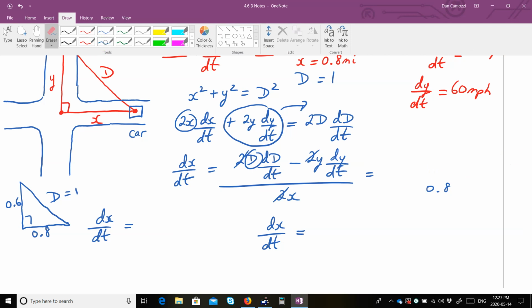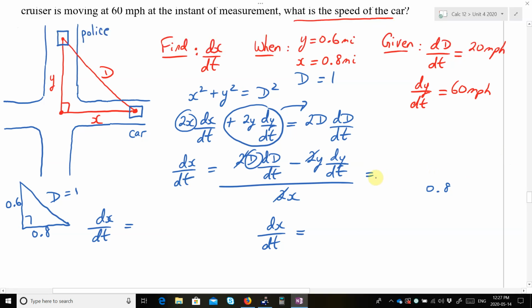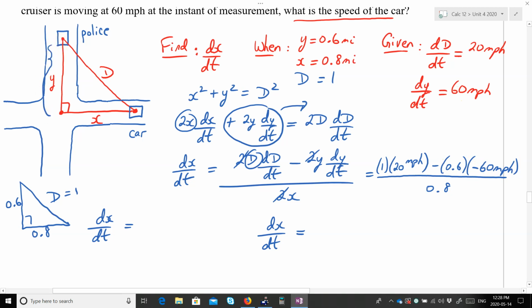Most of the top is right, here's the thing that's going to change. d is 1, dd/dt is 20 miles per hour, minus the y is 0.6 miles, and the change in y with respect to time is actually negative 60 miles per hour, and we have to make that negative because this y distance is decreasing.